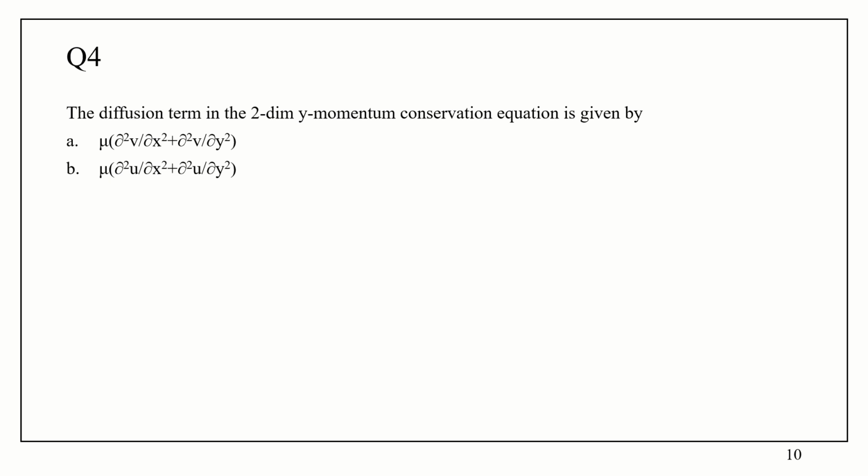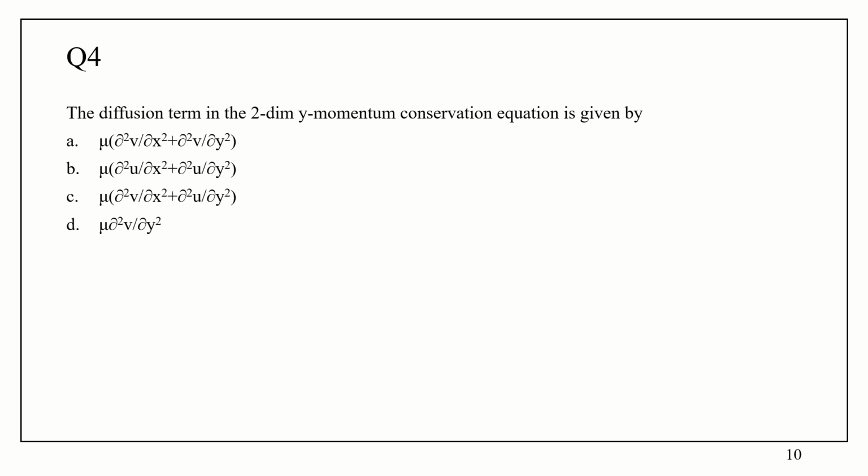Option B, mu into dou square u by dou x square plus dou square u by dou y square. Option C, mu into dou square v by dou x square plus dou square u by dou y square. Option D, mu into dou square v by dou y square.